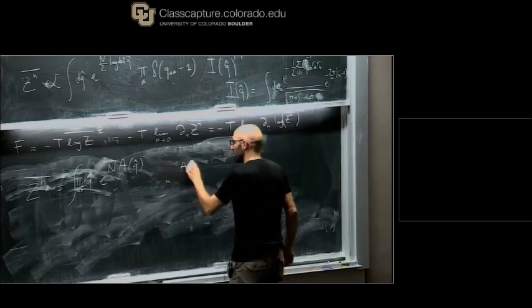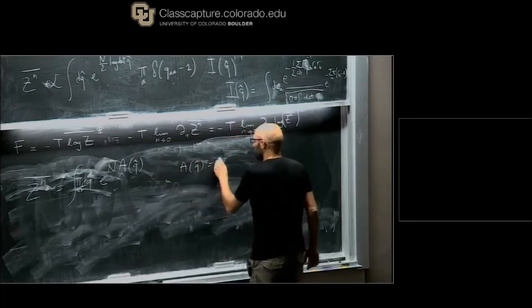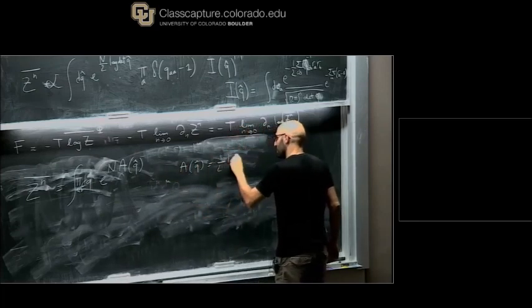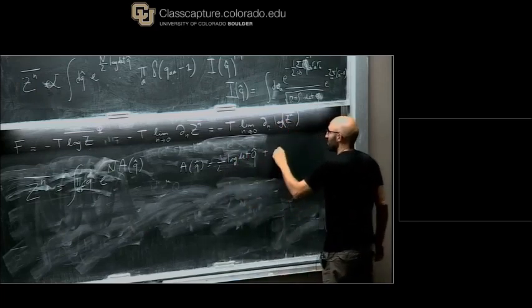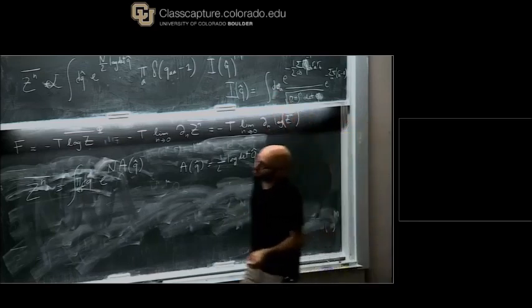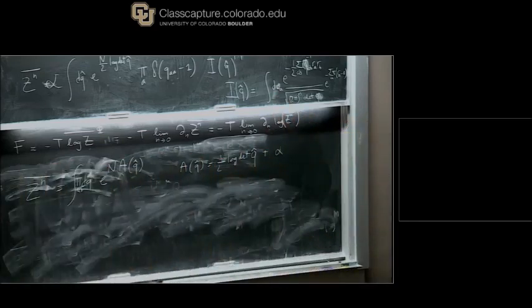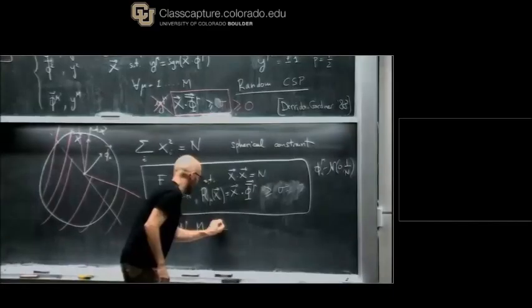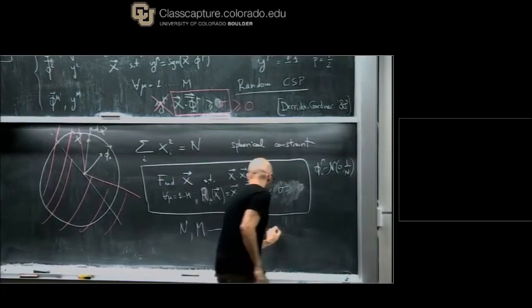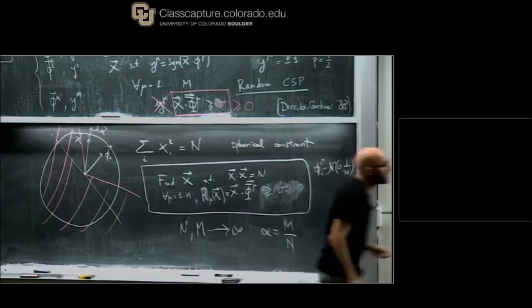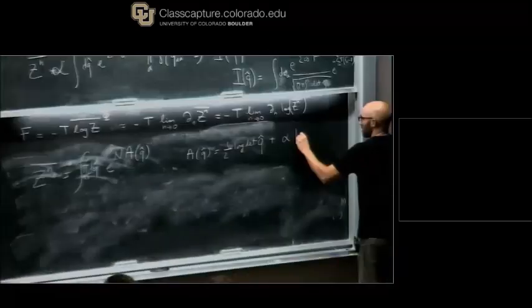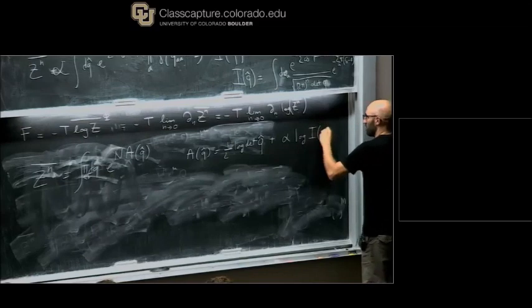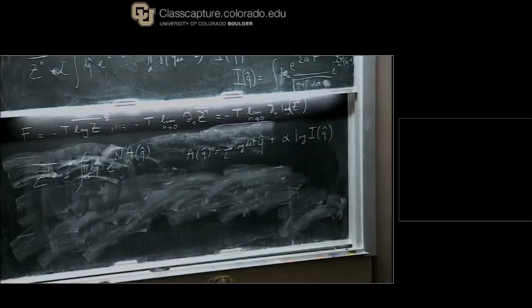And A of Q is going to be 1/2 log det Q plus alpha, because I perhaps forgot to say that, as usual, I will take the limit n and m going to infinity with fixed ratio m over n, times the logarithm of I of Q.